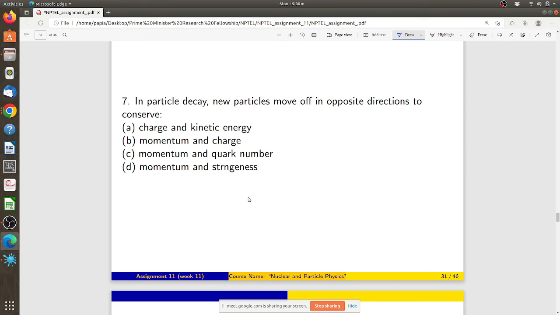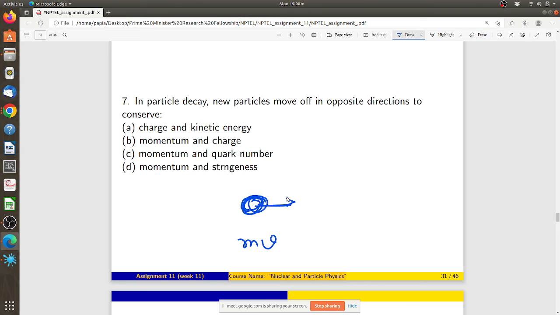The question is basically, if you have one rest particle, and from that rest particle one particle is created, another particle is also created. If this particle is at rest, that means its momentum, which is basically mv, is 0.